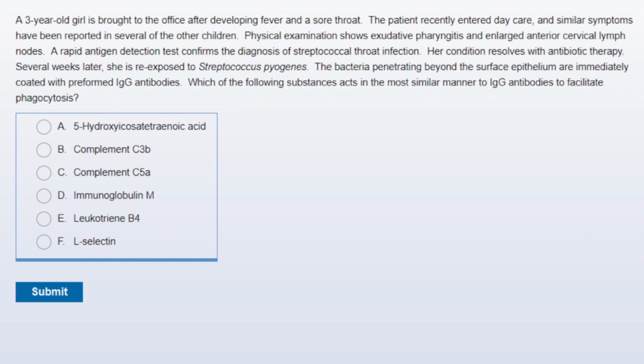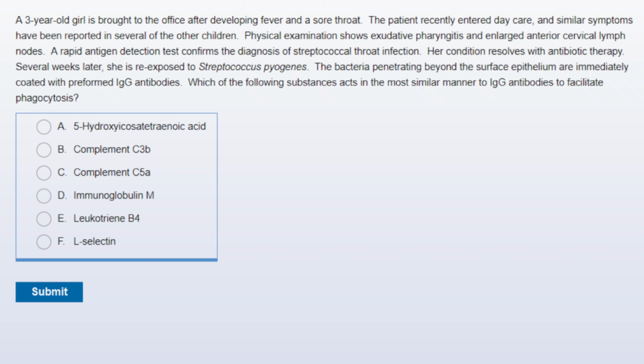Several weeks later, she is re-exposed to Streptococcus pyogenes. The bacteria penetrating beyond the surface epithelium are immediately coated with preformed immunoglobulin antibodies.